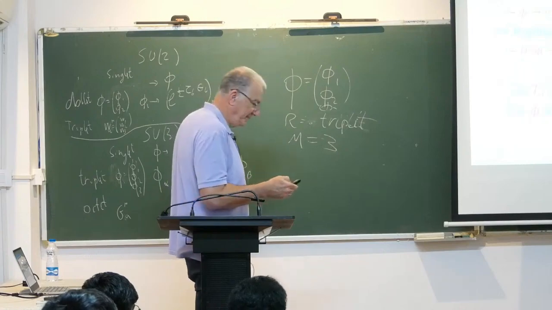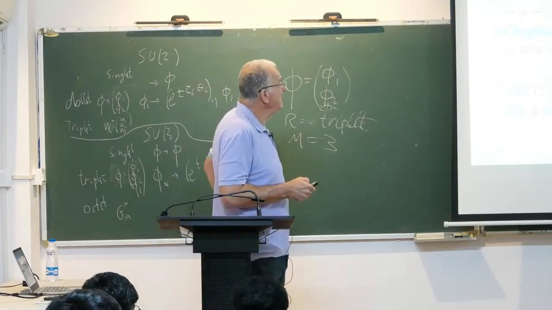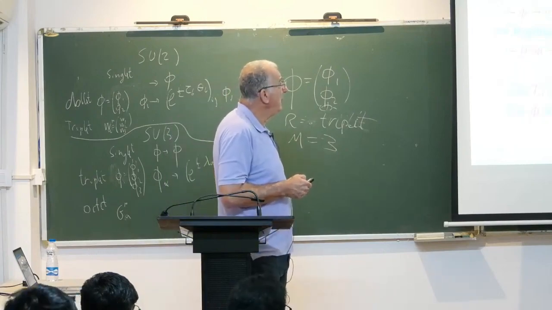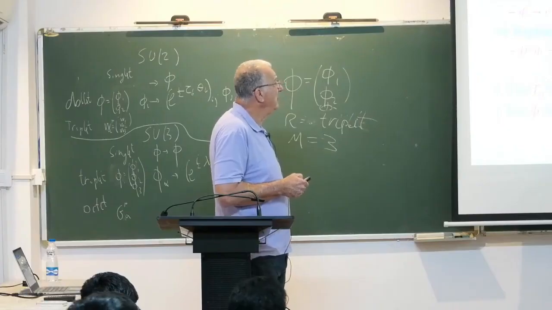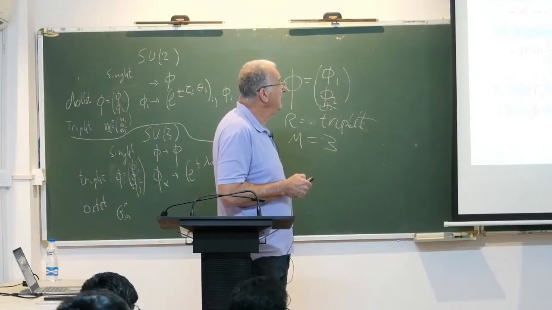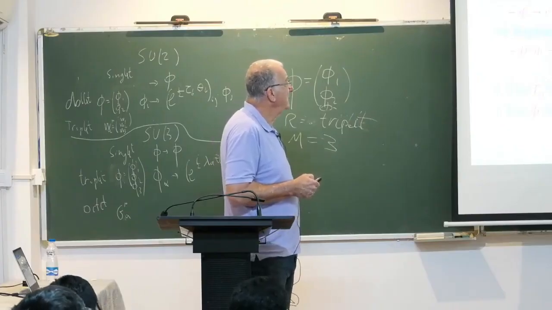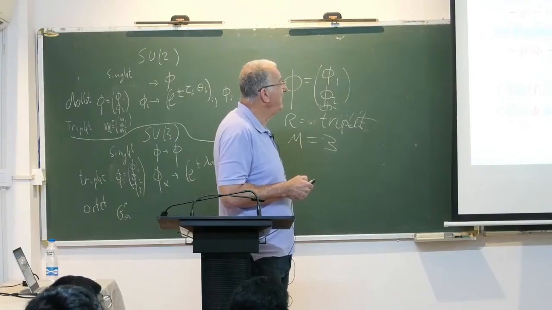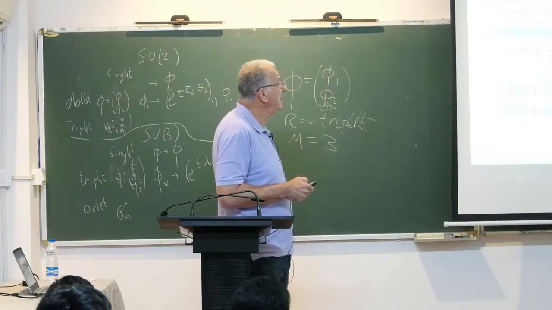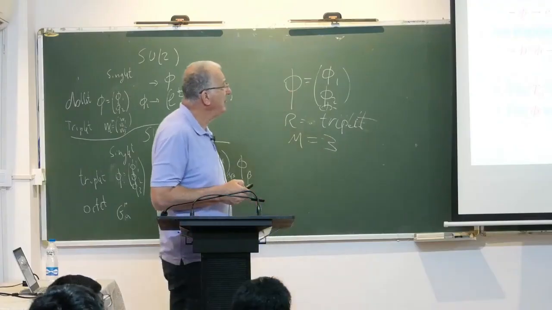So let us see. So here is the transformation law of any field under an SUN symmetry transformation. Phi goes to e to the I Ta theta A of x times phi.